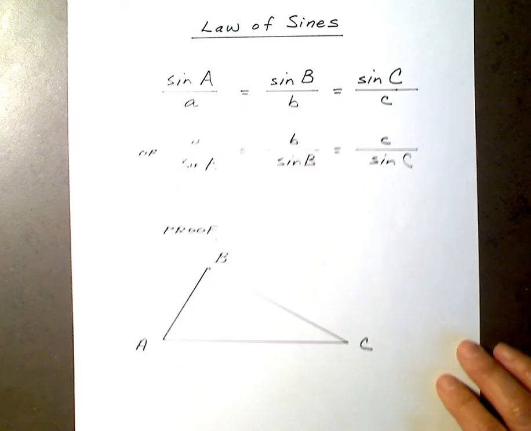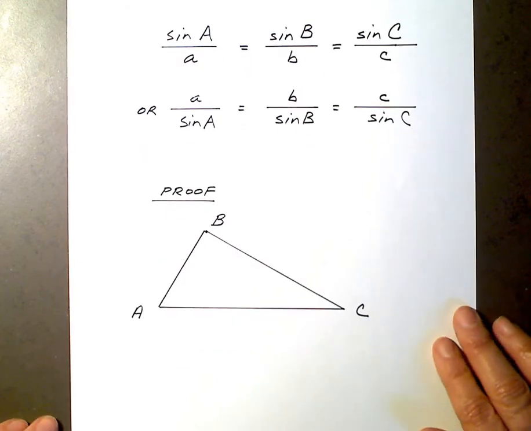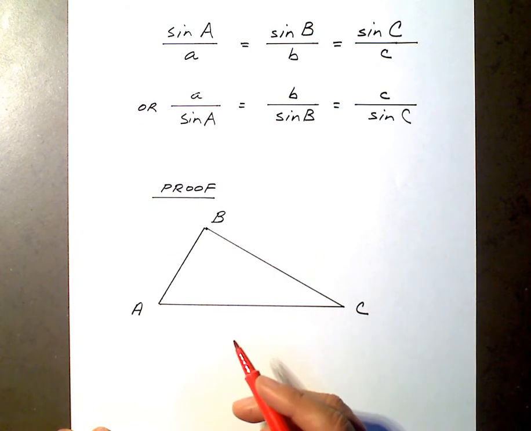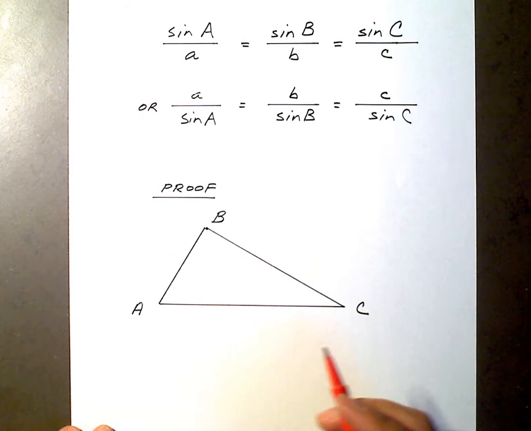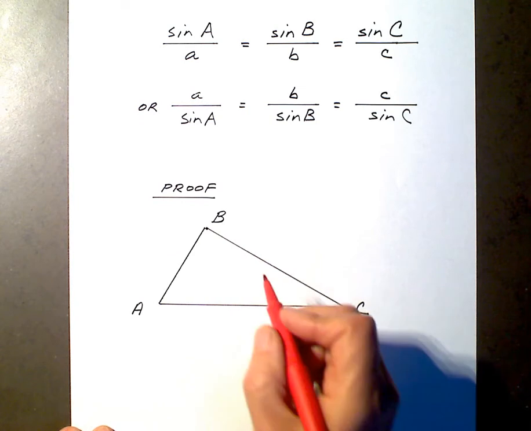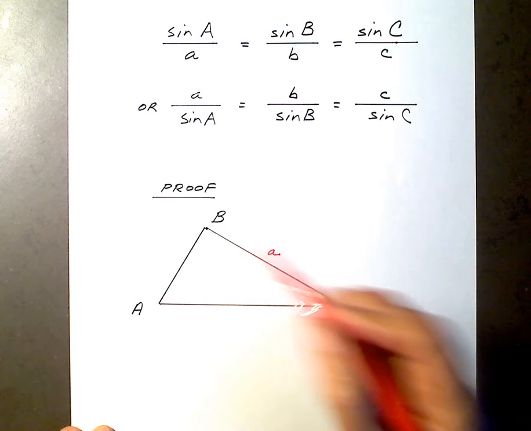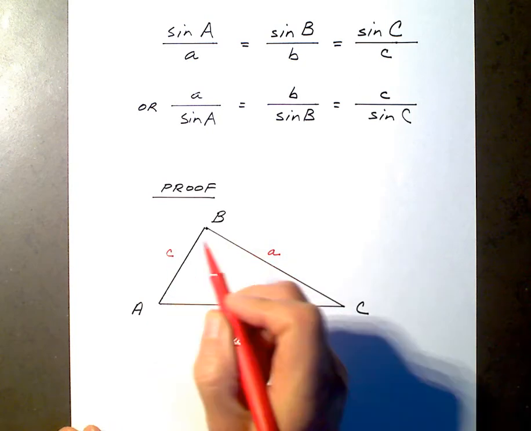So it deserves a simple proof so that we know where this comes from, to see it for ourselves using right triangles. So I have here a scalene triangle ABC, and I'm going to label the side lengths. This is side A over here and side C, and this side B is down here.